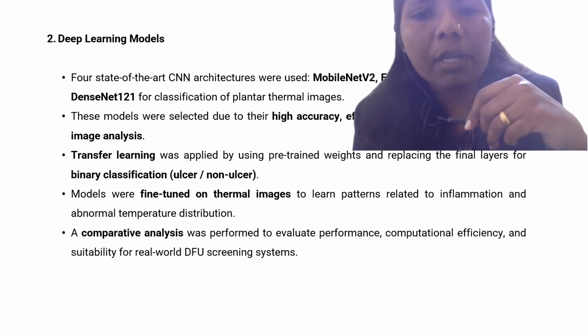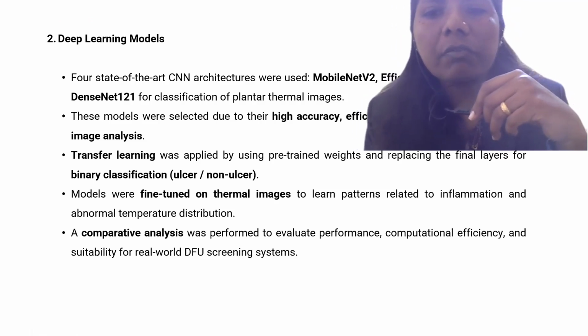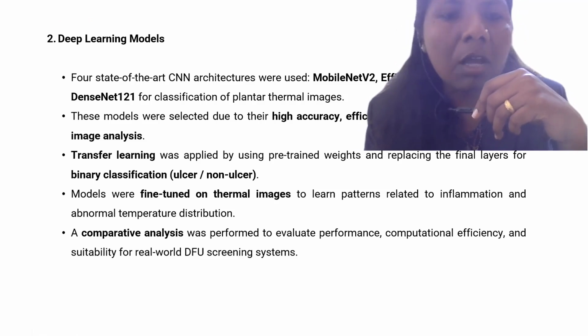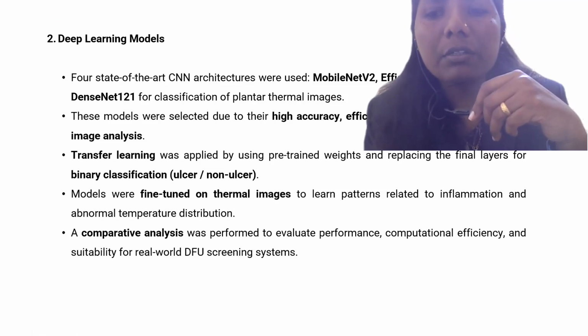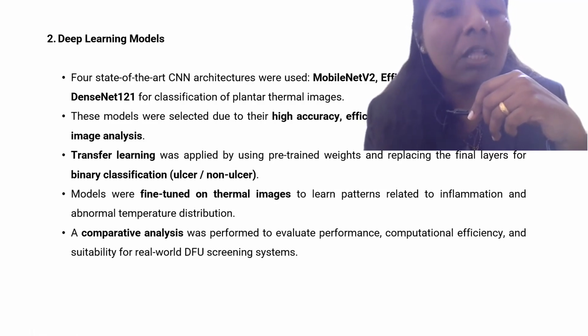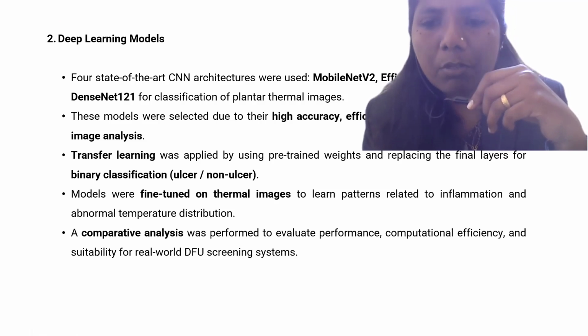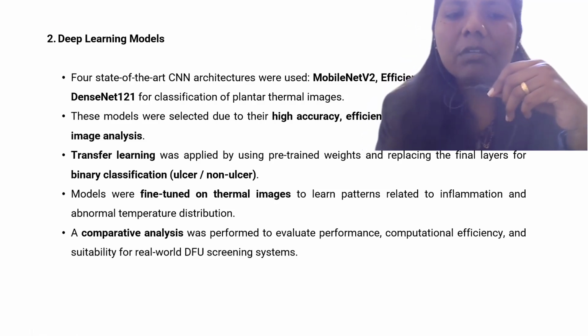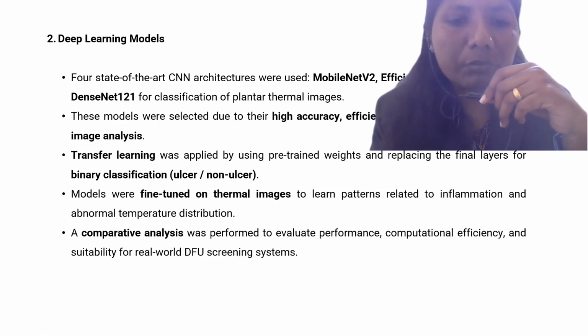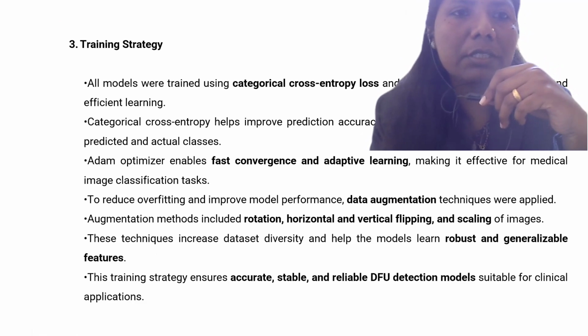Transfer learning was applied by using pre-trained weights and replacing the final layer for binary classification, ulcer and non-ulcer. Models were fine-tuned on thermal images to learn patterns related to inflammation and abnormal temperature distribution. Comparative analysis was performed to evaluate performance, computation efficiency, and stability for a real-world diabetic foot ulcer detection screening system.